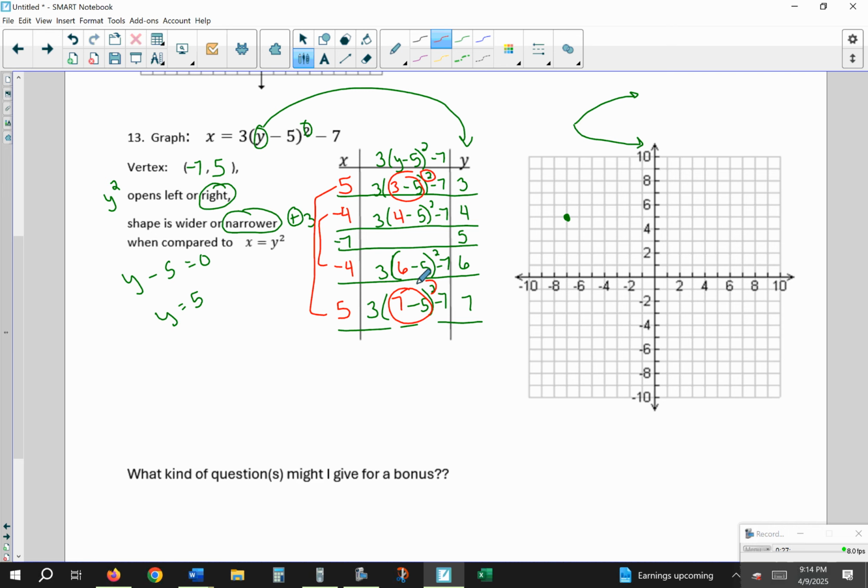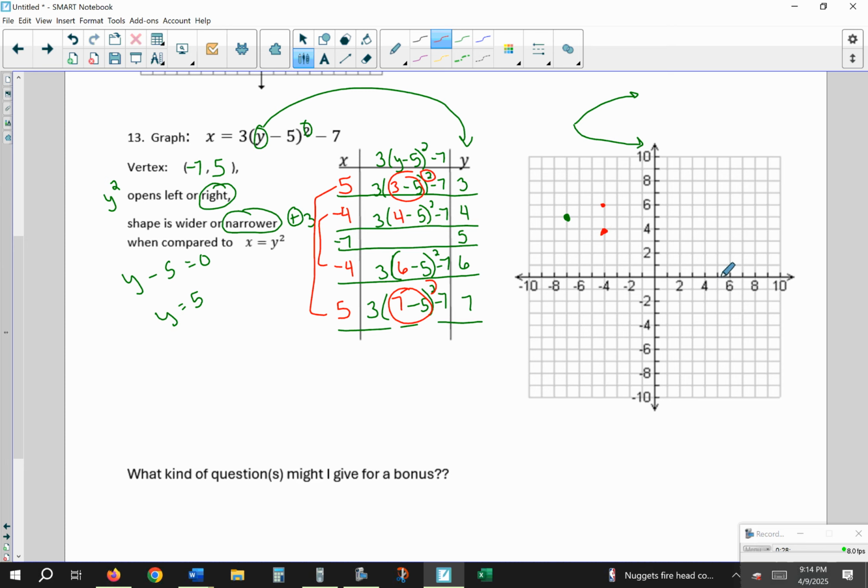And I think for whatever reason with left-right parabolas, doing my vertex in one color and the rest in another, sometimes it's just helpful. So over negative 4 and up, 1, 2, 3, 4, and up 5, 6. So there's a pair of symmetric points.